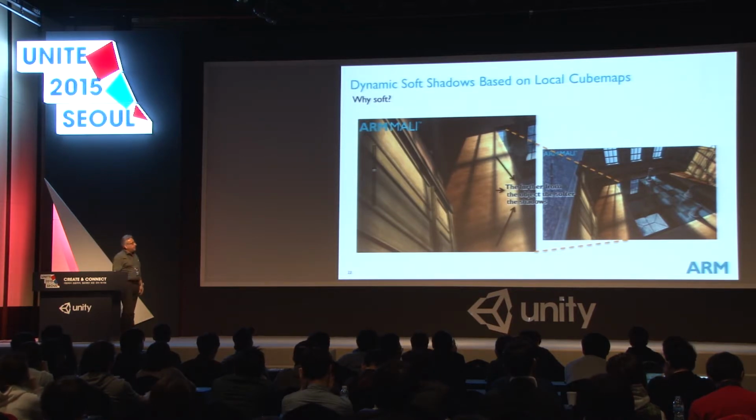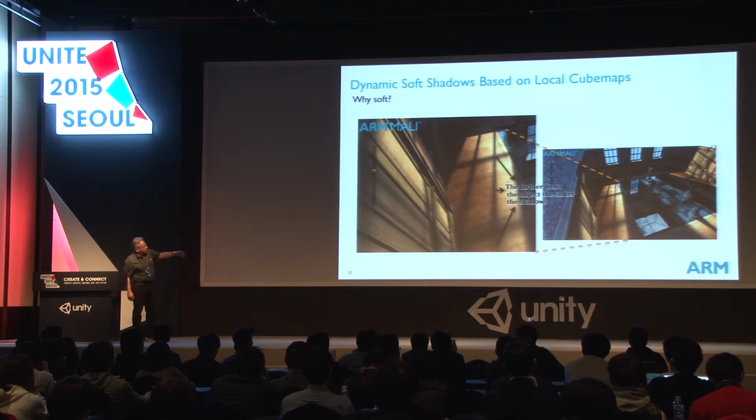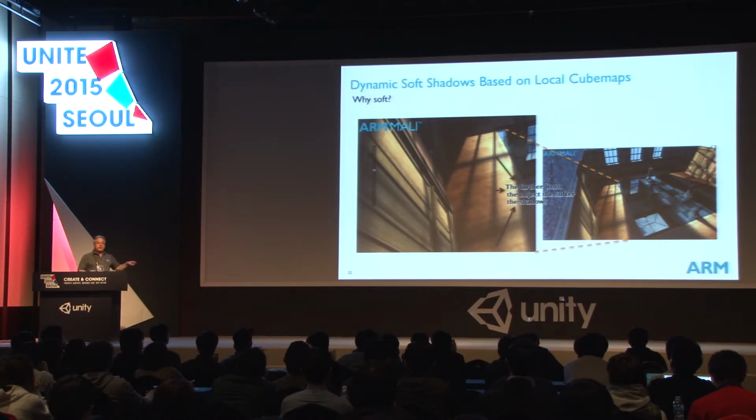So as we get farther from the object that creates the shadows, we get more blur, more soft shadows. And our technique is able to reproduce that. And the most important fact is it can do it in a very simple and smart way.